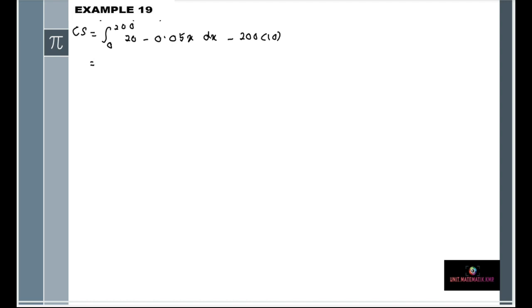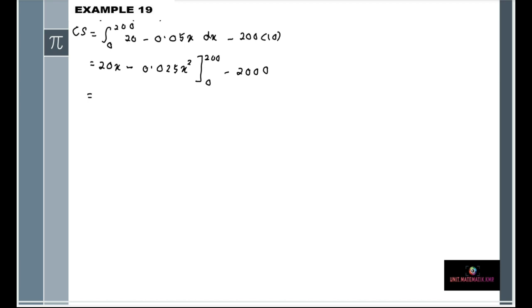So this one we have 20x minus 0.025x squared, 200 here, 0 here, minus 2000.